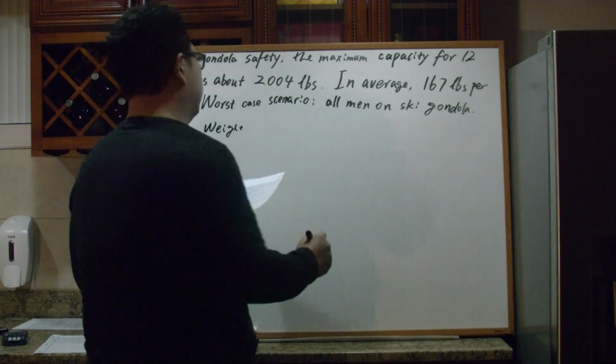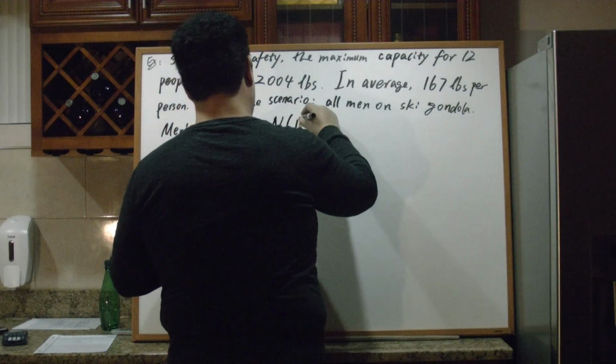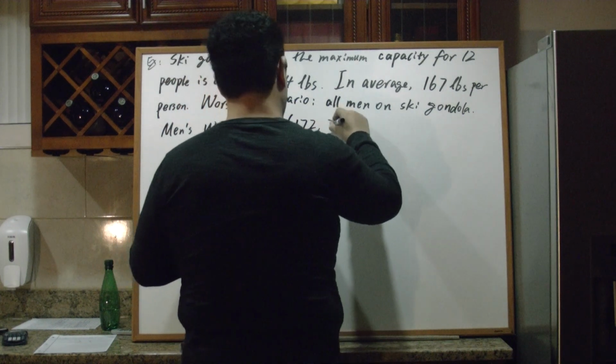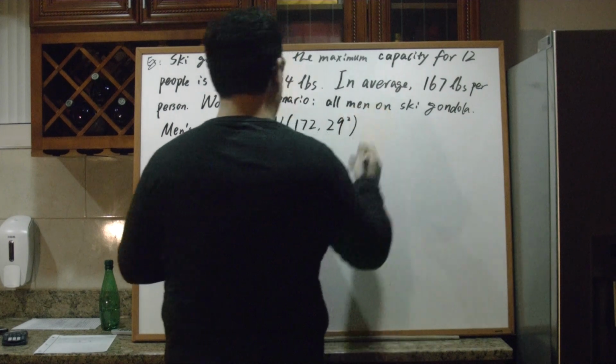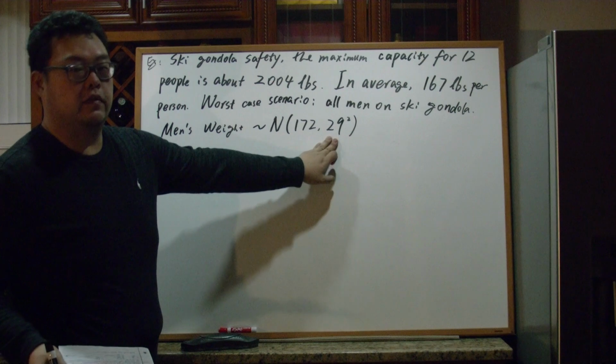What we know is that men's weight is normally distributed. The mean is 172 pounds, and the standard deviation is 29 pounds.